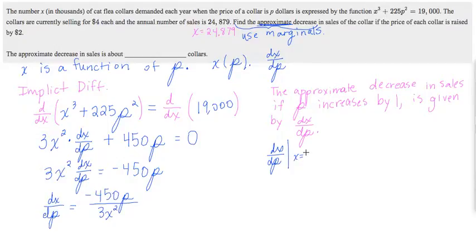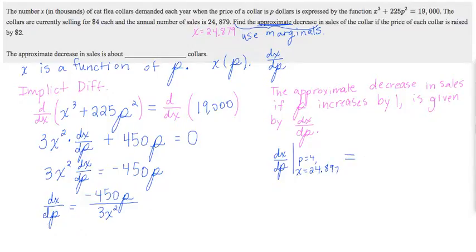So we'll have dx/dp when the price is 4 and sales are 24.879.